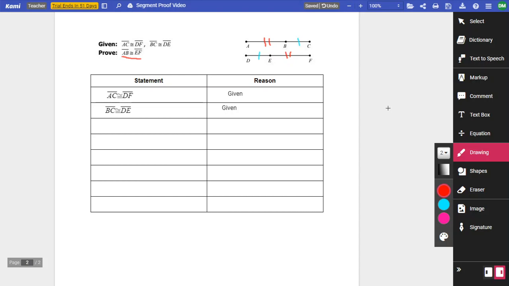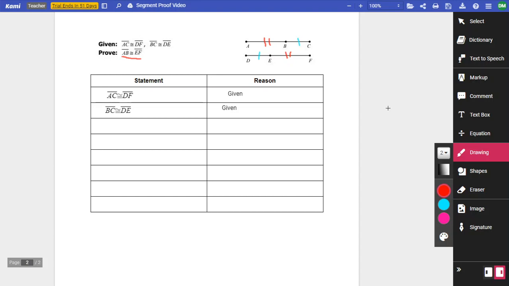I'm going to put an open question here in the video when I actually upload this. What is your plan? Just give me a couple sentences, a couple ideas. It doesn't have to be a fully fleshed out proof here, but looking at this diagram, what is your plan to prove that AB is congruent to EF?